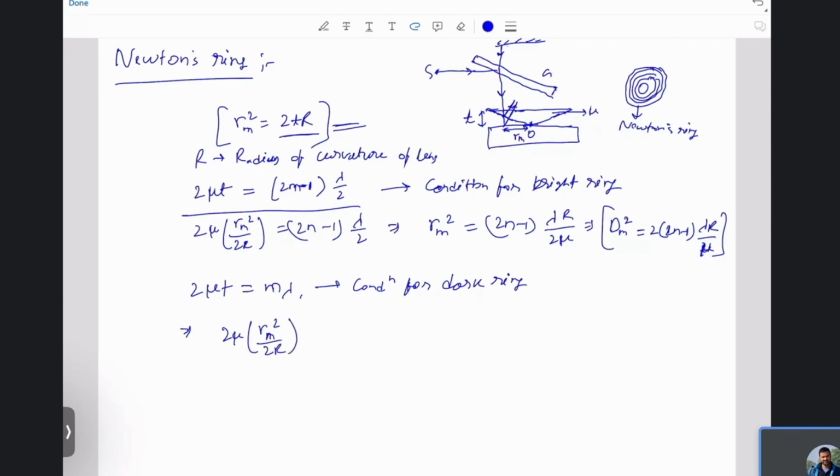Here you have 200, so you can write rm square equal to m lambda r by mu, and you can write the diameter as 4 times m lambda r by mu.